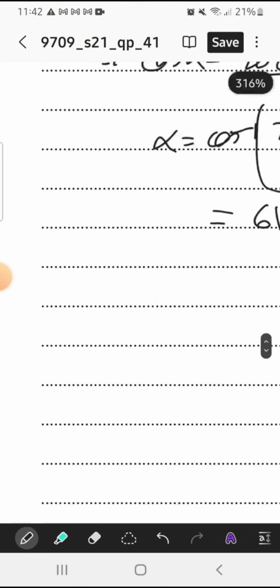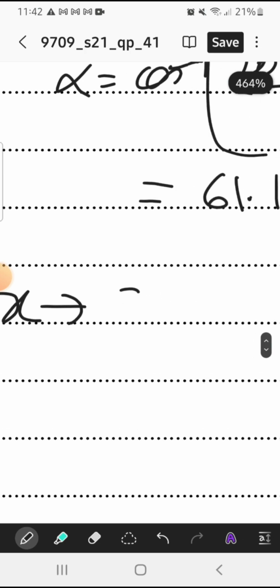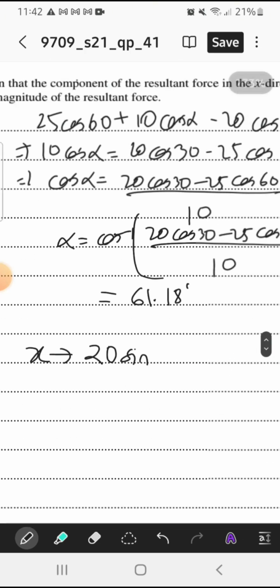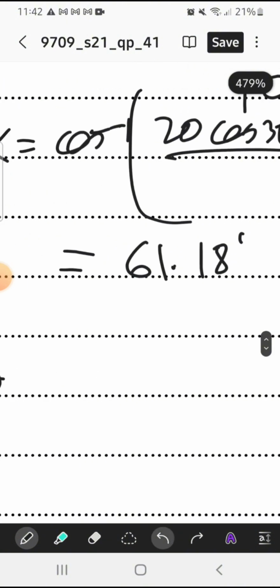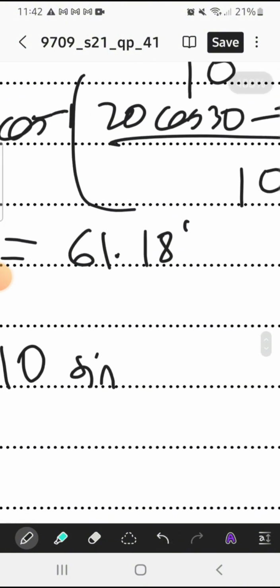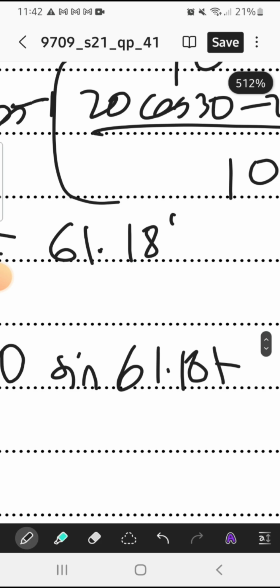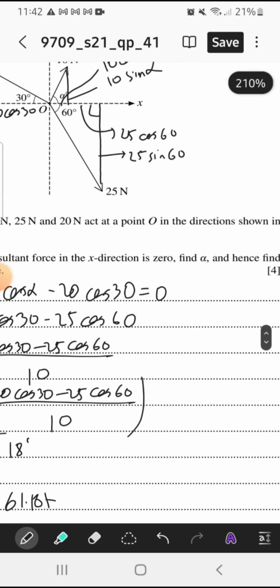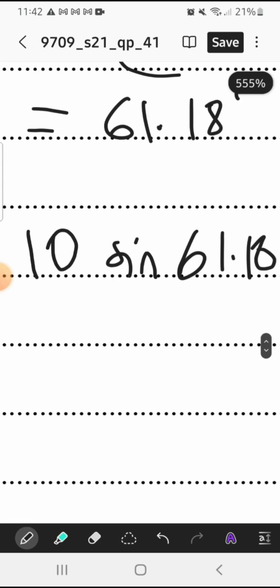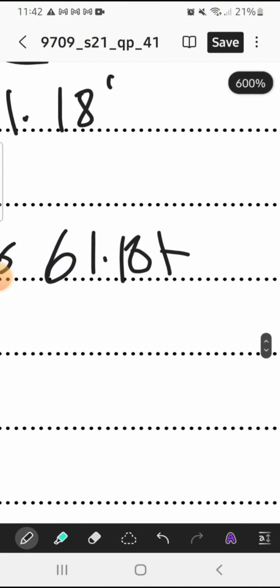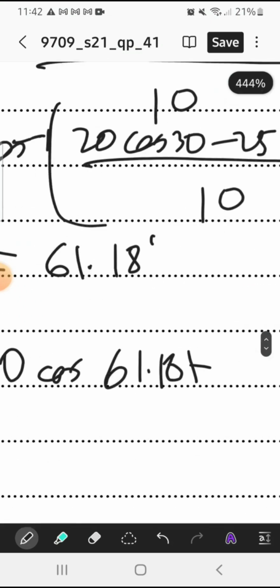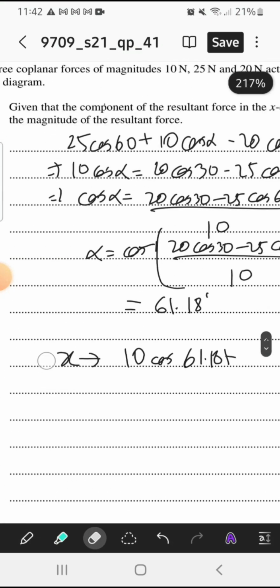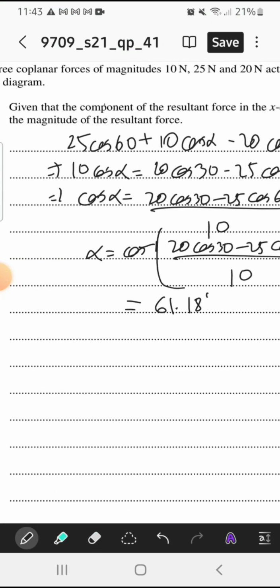So in the x direction we have 10 cos 61.18 plus 25 sin 60. Actually, I won't need this one because you know the x direction is 0, so we only need the y direction.